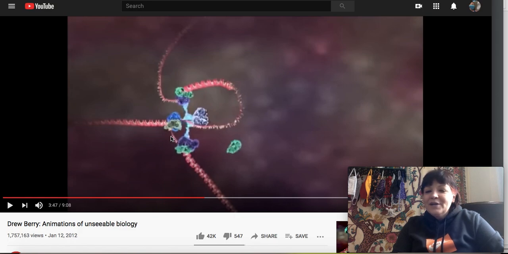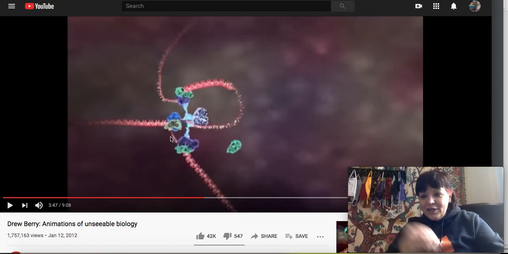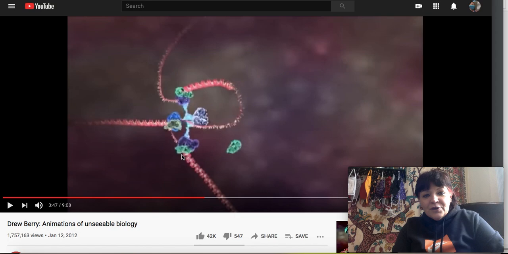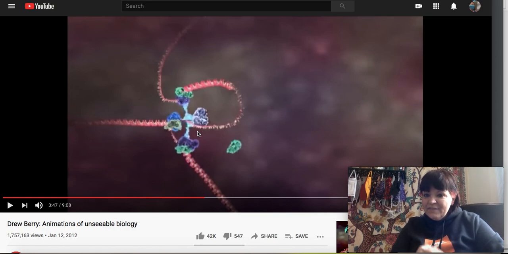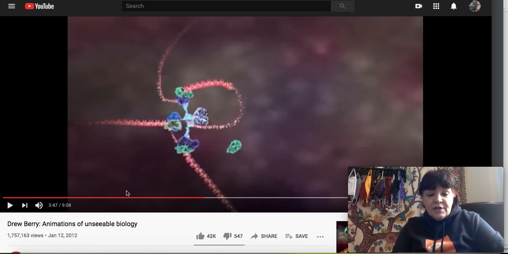Replication, just bringing in those other molecules. And this would be the leading strand here and the lagging strand, because it has to be made in the opposite direction. Takes a little longer and is in those different loop things.